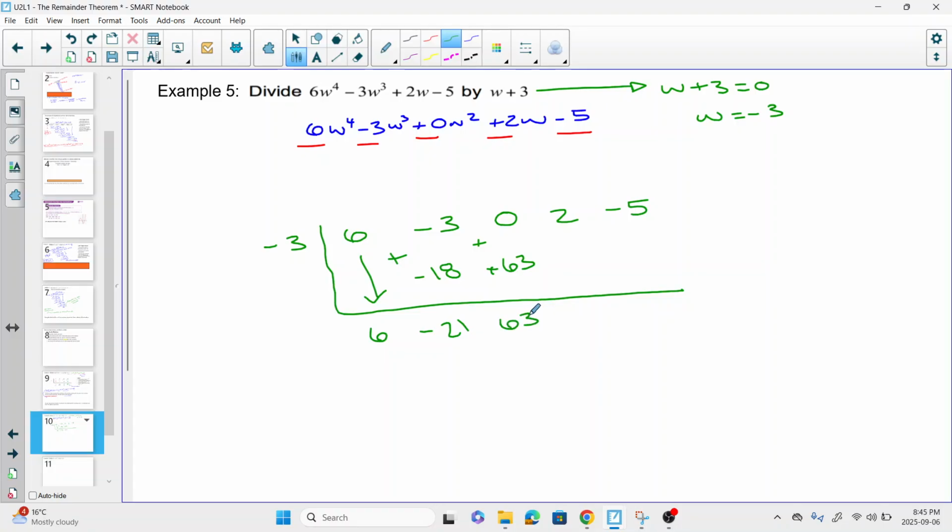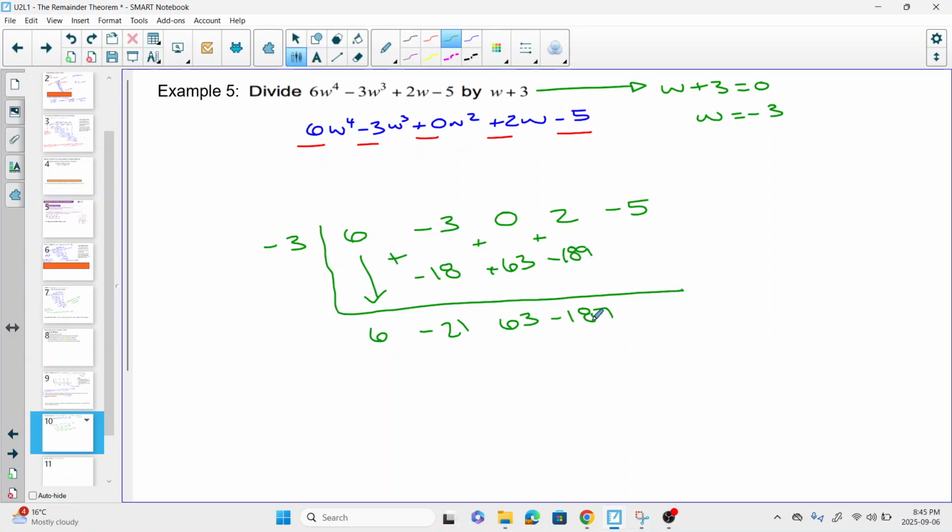Now I have 63 times 3. So 60 times 3 would be 180. 3 times 3 would be another 9. I've got a negative times a positive. So I've got negative 189. And again, I'm adding these. So 2 plus negative 189 is negative 187.